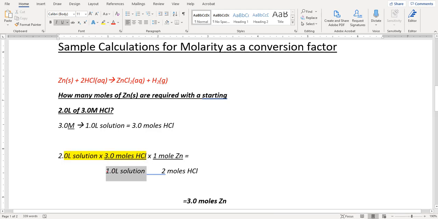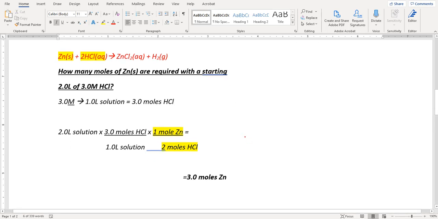Once we do that, we're now going to be in moles of HCl, and we then go ahead and convert from HCl to zinc using a mole ratio that we get from the coefficients from the balanced equation. And we see up here where the 1 is implied and then the 2 moles of HCl are present right there. This gives you the final moles of zinc.